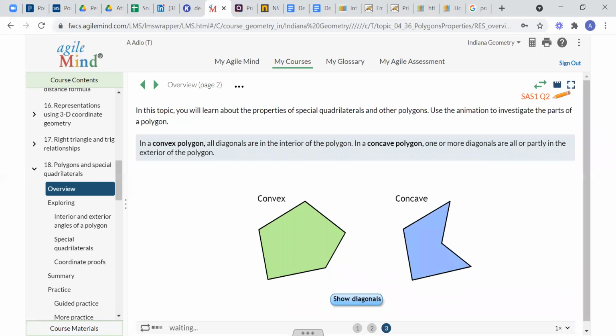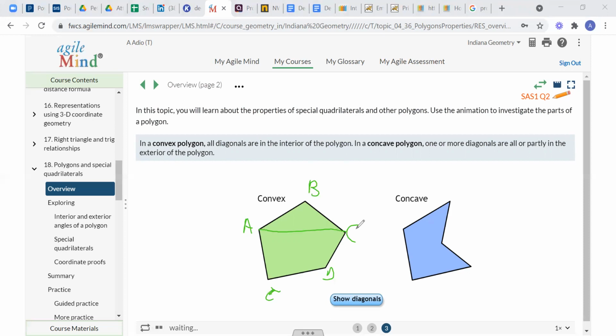And we have two types of polygons. So we have the concave polygon and the convex. The convex one is whenever the diagonals are always inside the polygon itself. Like in this case, if I name the vertices A, B, C, D, E, if I trace A to C, this is a diagonal.